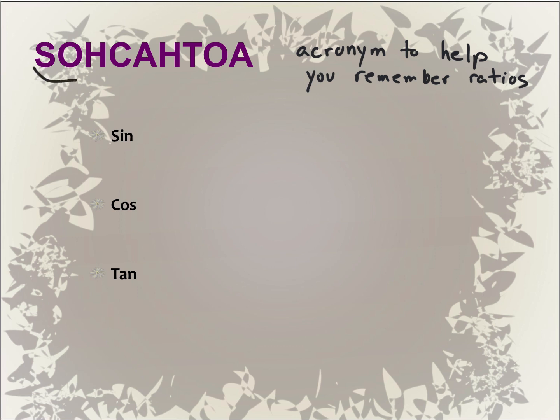So we have SO, CA, and then TOA. SO is the sine, so the first letter is what the function is referring to. So in this case, it's the sine. The second letter is opposite, and the third letter is hypotenuse. It's always going to go in the order of second over third. So sine is opposite over hypotenuse.